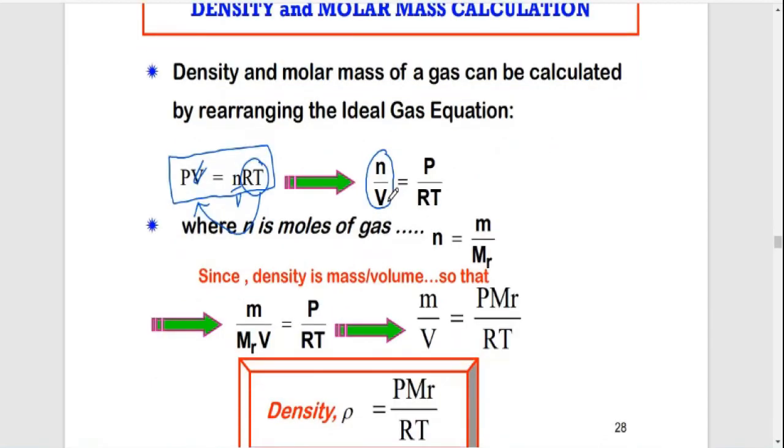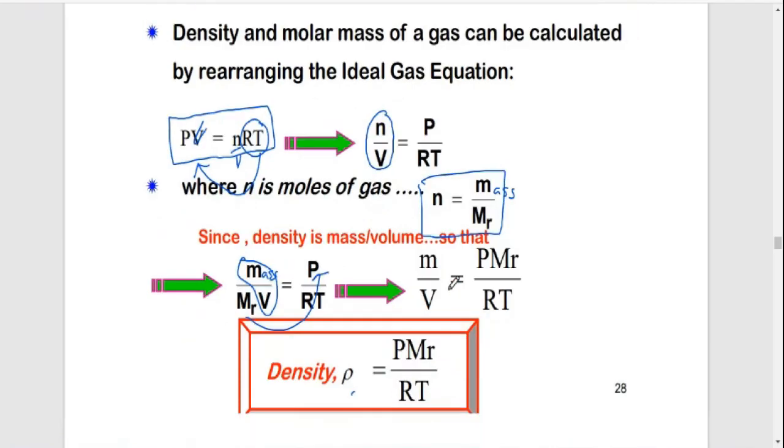You have to double check. n over V, actually, you must know n equal to mass over molar mass as well. So now you substitute mass over molar mass over V, and you know that mass over V actually is the density. So this molar mass you put to here. Pressure times molar mass over RT actually equals density.